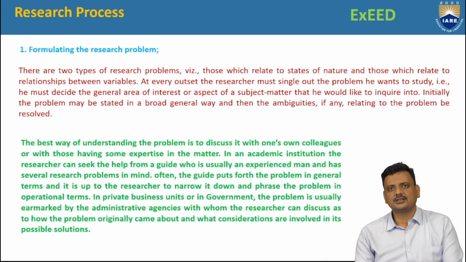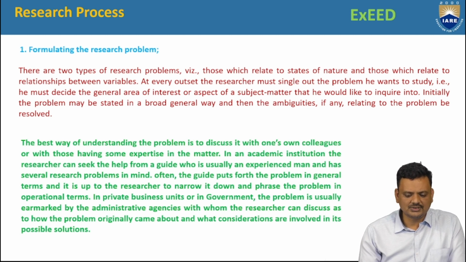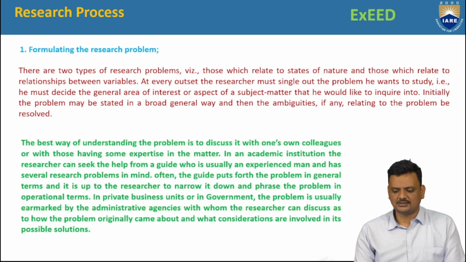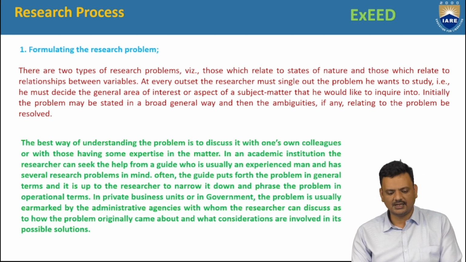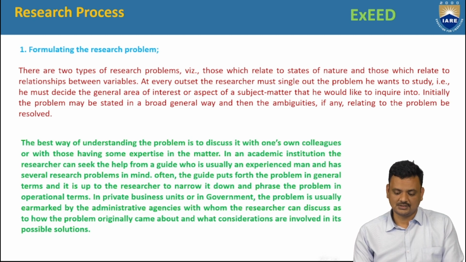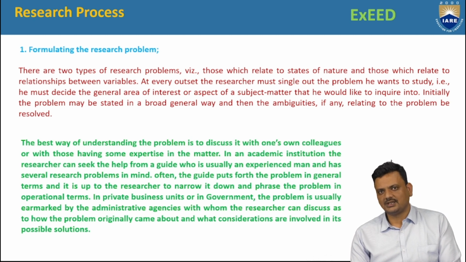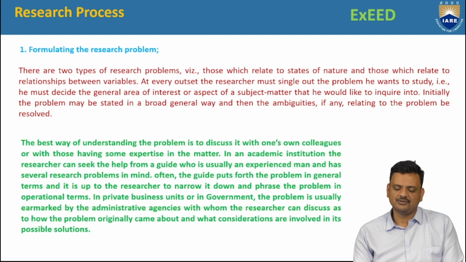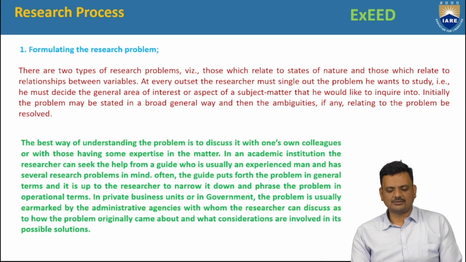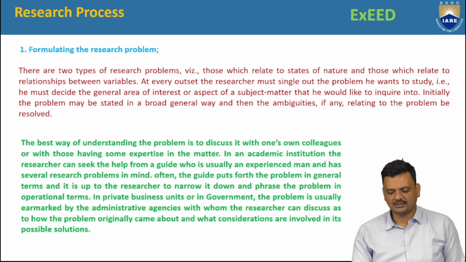How can we define the formulation of a research problem? There are two types of research problem: those which relate to states of nature and those which relate to relationships between variables. At the very outset, the researcher must single out the problem he wants to study.